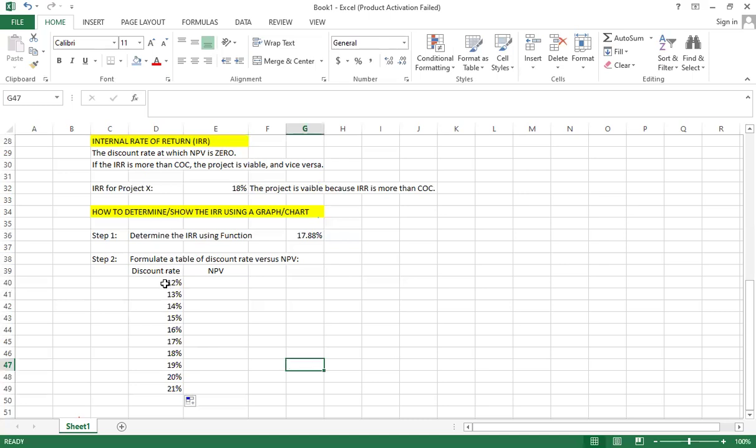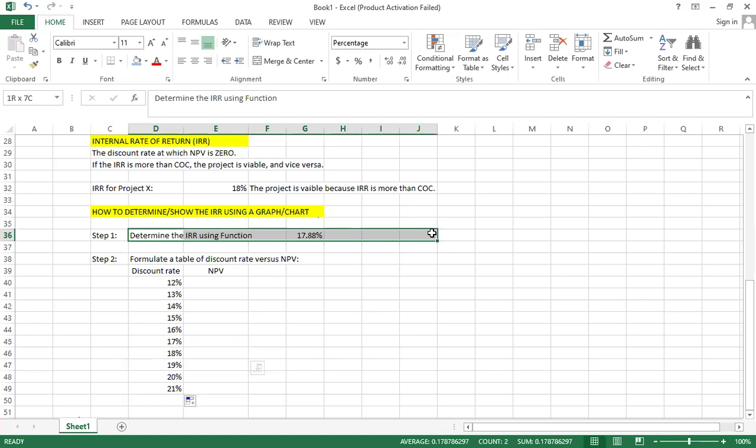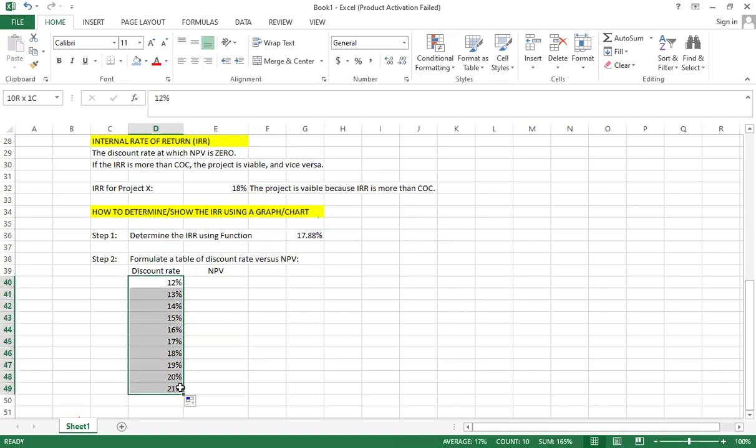So if I start from 12% to 21%, 17.8 is somewhere here. And that 17.8, you know, is our internal rate of return that we computed using the function. All right, so those are my discount rates.